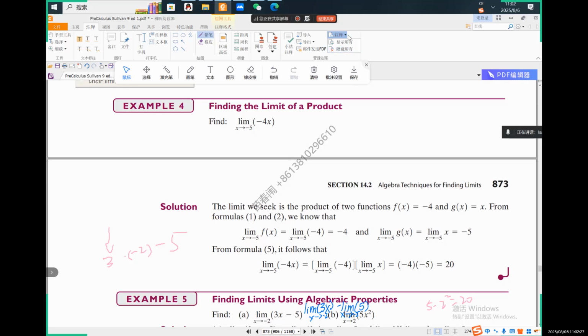Oh, yeah, this is the second one, and this is the first one. Okay, so that's the first one. So 3 times -2, minus 5. So the limit is -11. And this one, the limit is 20. Okay, yeah, got it. That makes sense.